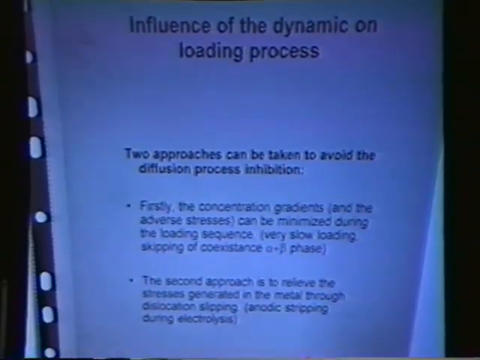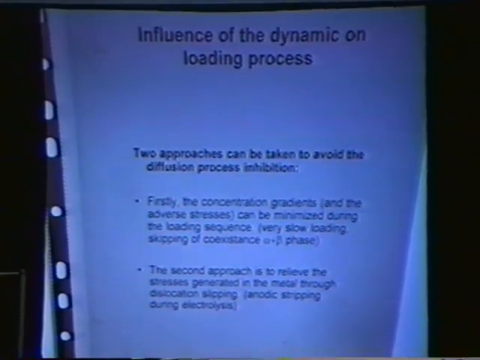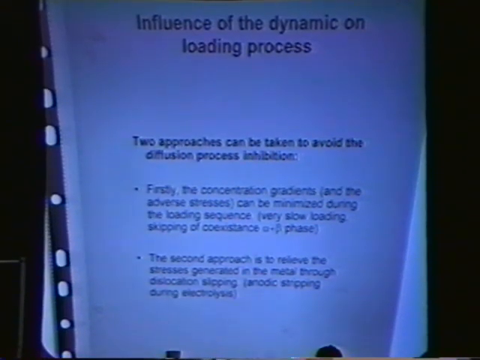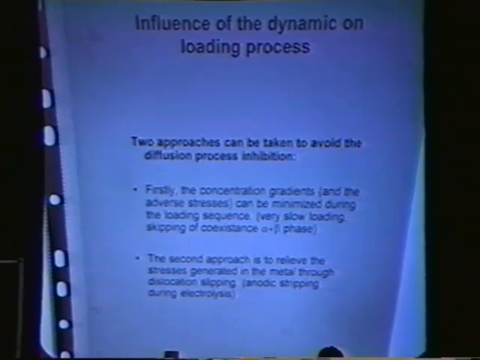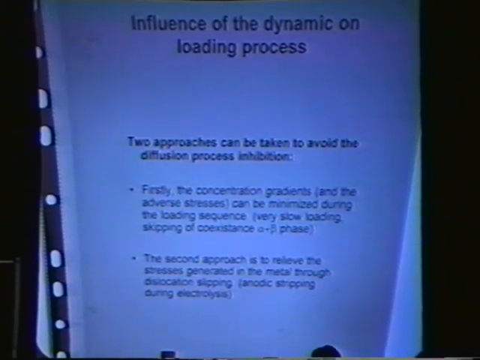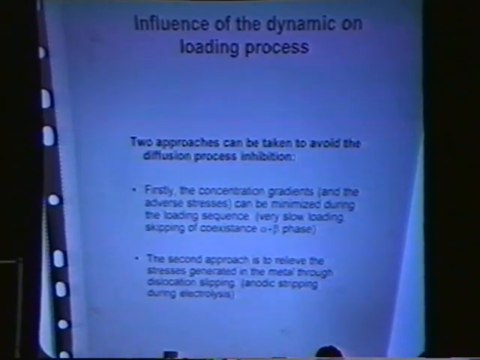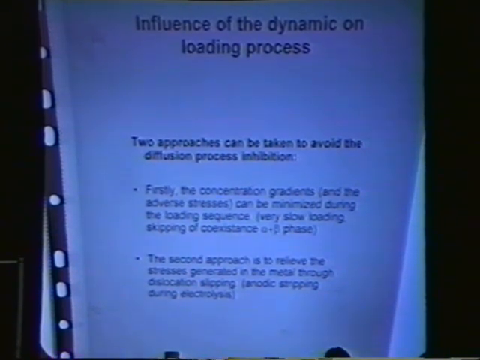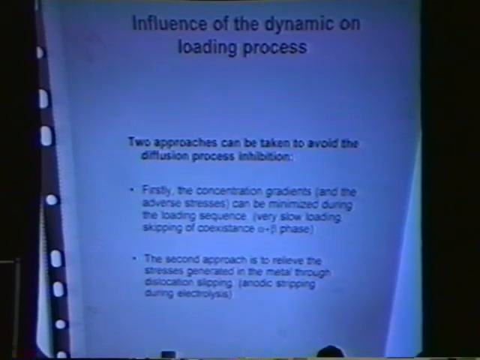First, to limit the concentration gradient. You can do this just by loading your sample very, very slowly, but the diffusion coefficient is very, very low. It's something in between 10^-8 and 10^-7 square centimeters per second. Or you can try to avoid the coexistence of alpha and beta phase and look at what happens in this case.